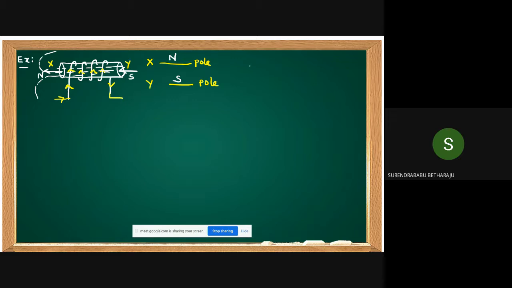For example, one more example I am giving. This minimum fundamental is required to understand the total concepts. This is one more coil, an electromagnet.